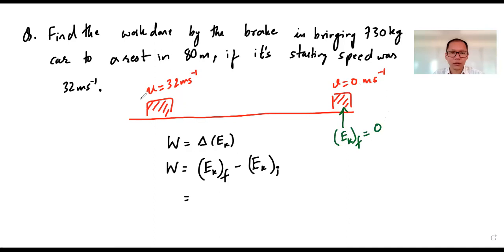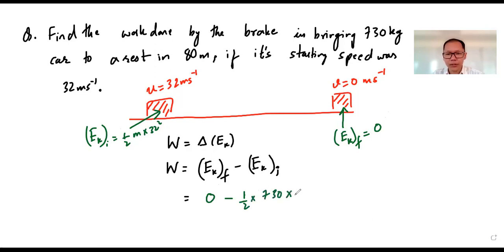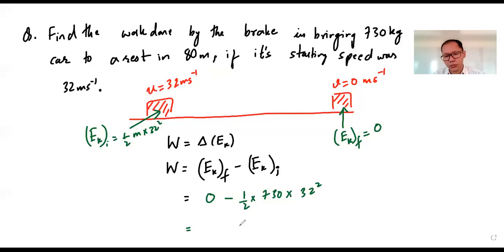But the initial kinetic energy is not 0; it is 1/2 mv squared, with 32 squared. So the work done is 0 minus 1/2 times 730 kg times 32 squared, which becomes around negative 370,000 joules.